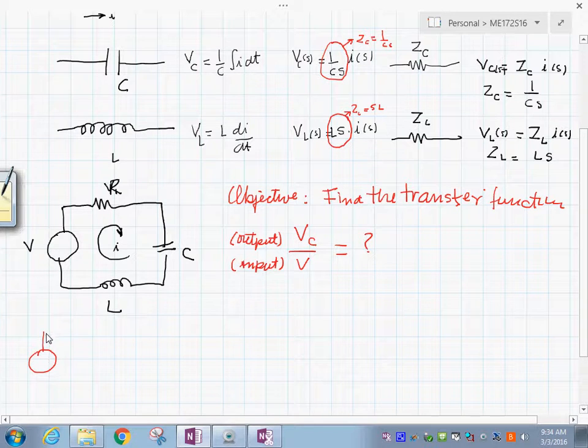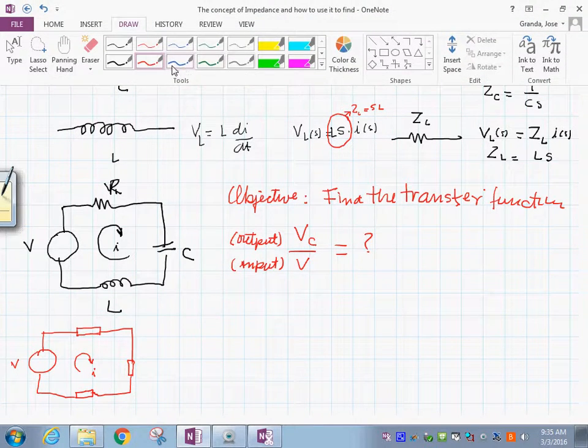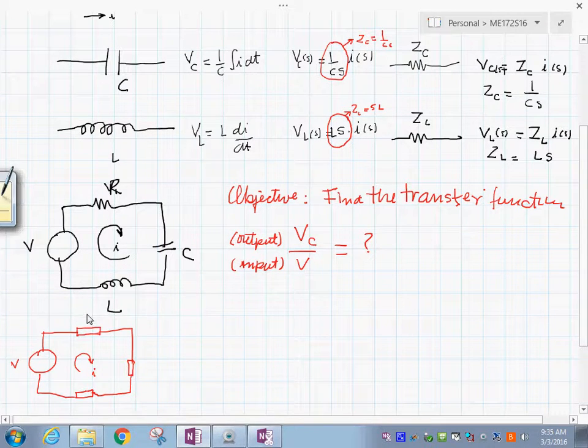So I am going to put it in here as Z of R, then Z of C, and then Z of L. It follows that if I write the voltage in the S domain and I follow the equations here, you have Z of R times I of S plus Z of C times I of S plus Z of L times I of S, right?